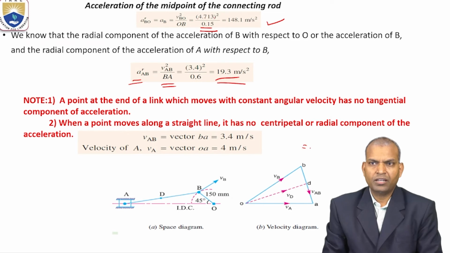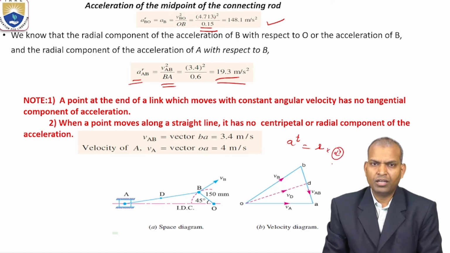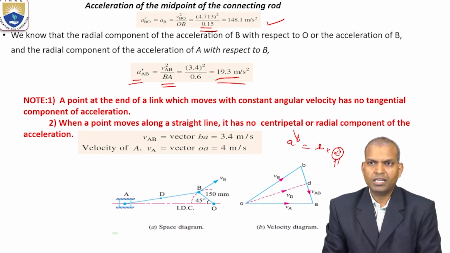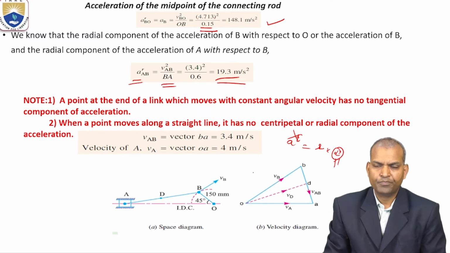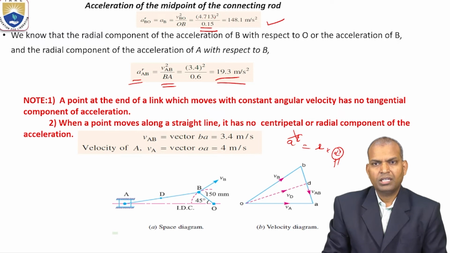Tangential acceleration is R times alpha. If it is constant angular velocity, then the angular acceleration is 0, so there is no AT, no tangential acceleration. Then what type of acceleration does that link have? That link has only radial acceleration, so that is the total acceleration.